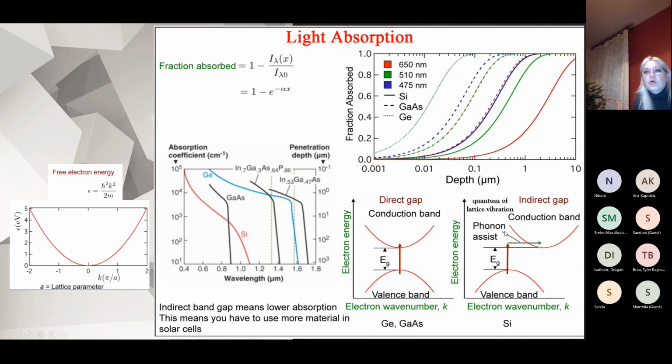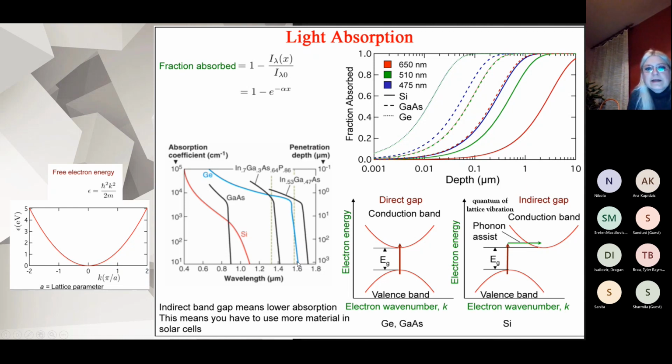Because of all this much more complicated process, we have a gradually changing absorption coefficient, and not a sharp one as we have in the case of germanium or gallium arsenide.